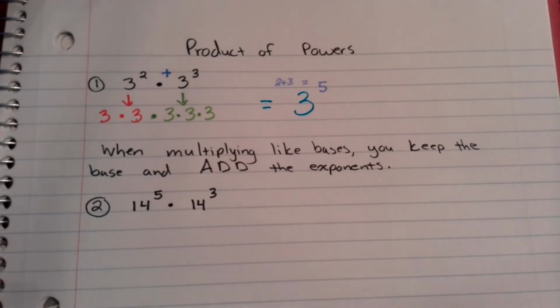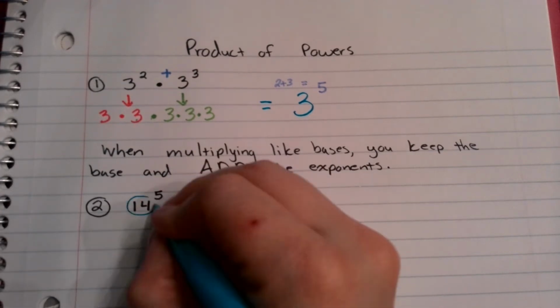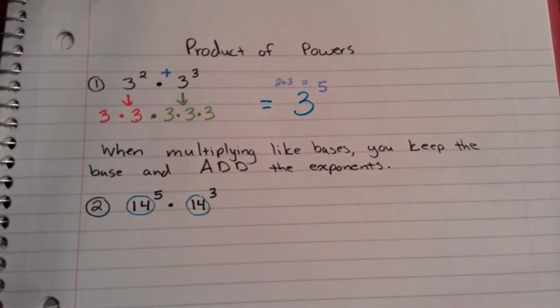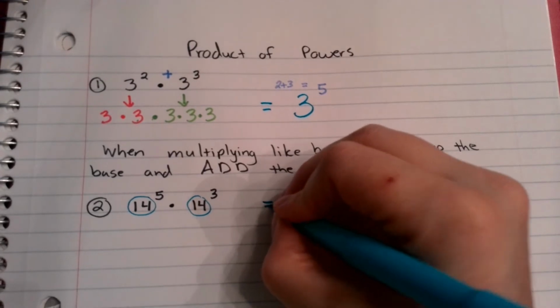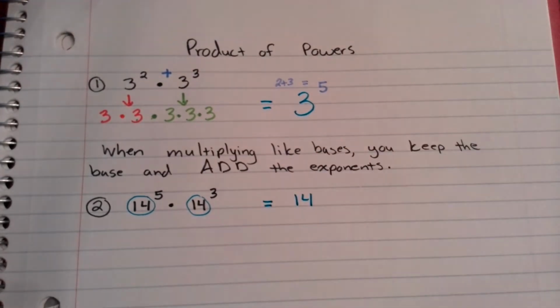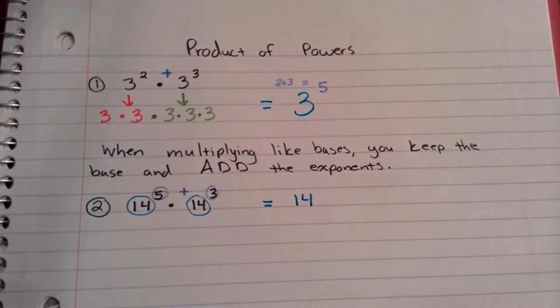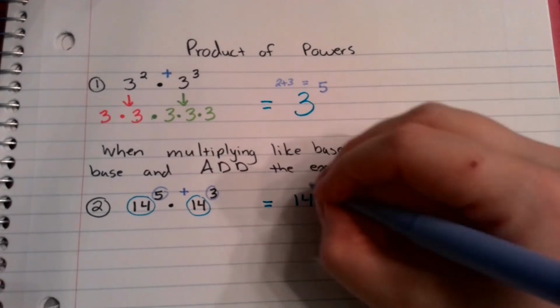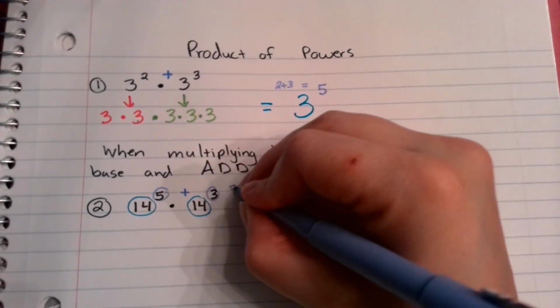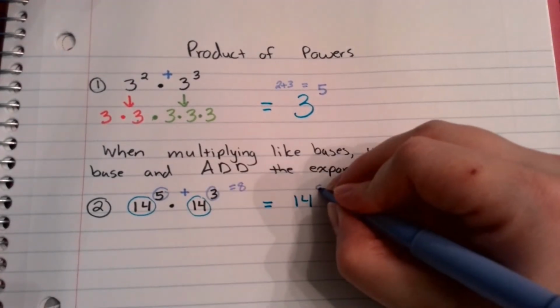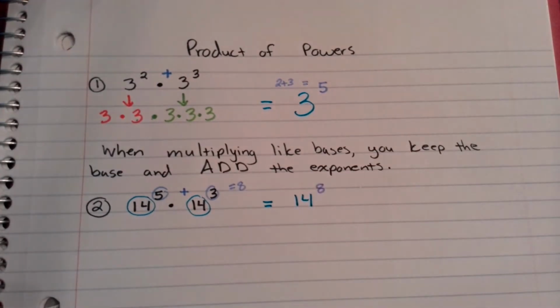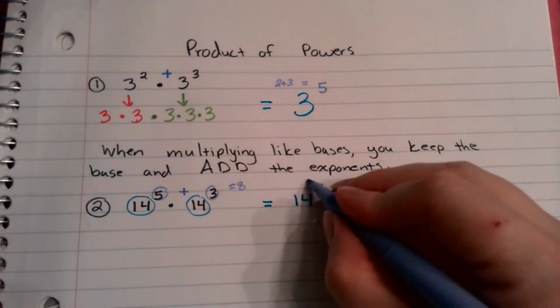So all I would have to do is keep this base. My base is 14. So I'm going to keep 14, and then I'm going to add my exponents. So I'm just going to add 5 plus 3, which gives me 8. So I'd have an exponent of 8. And that would be my final answer.